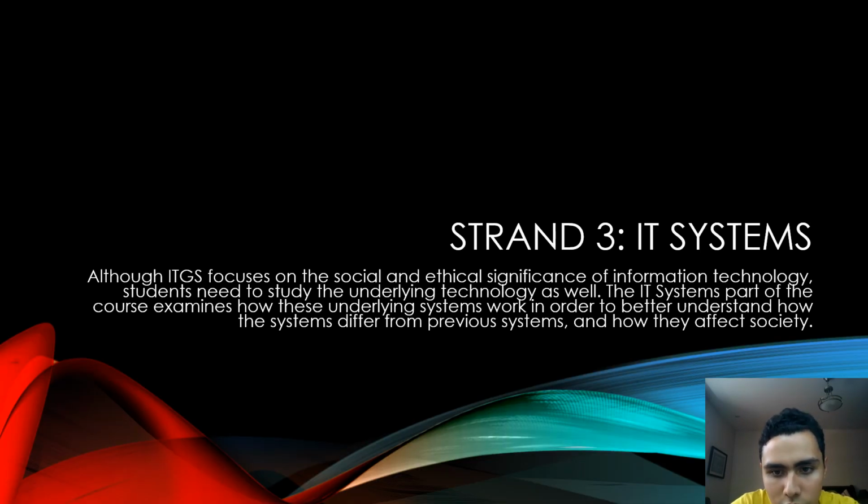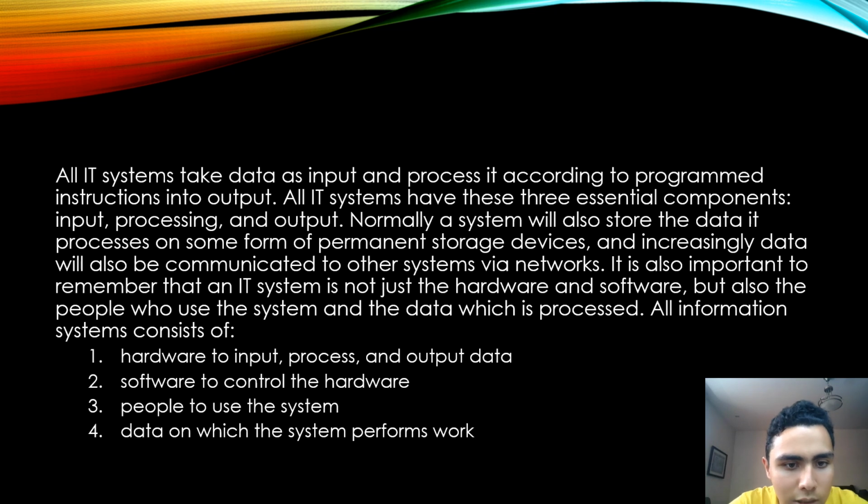This is the third strand, IT systems, with which we can understand the way that IT systems work. All IT systems take data as input and process it according to a program, and these are the four types of IT systems right here.